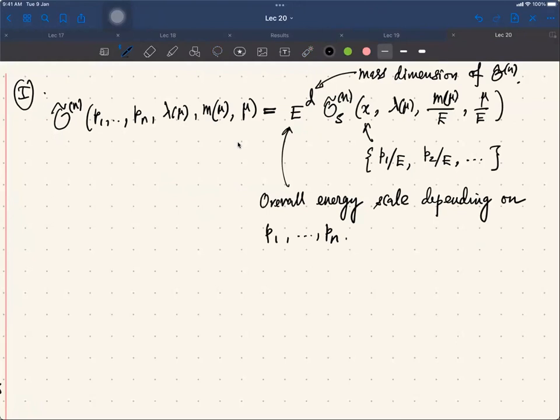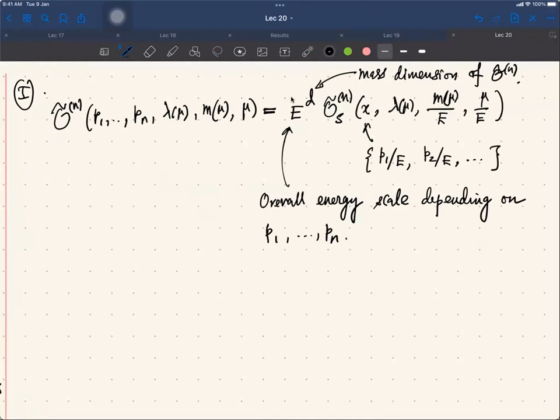So x is the set of all these ratios of momenta versus the overall energy scale, and the mass parameters will also be replaced by the ratios of the mass parameters and this overall scale.